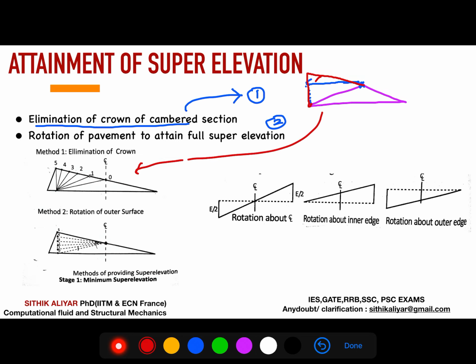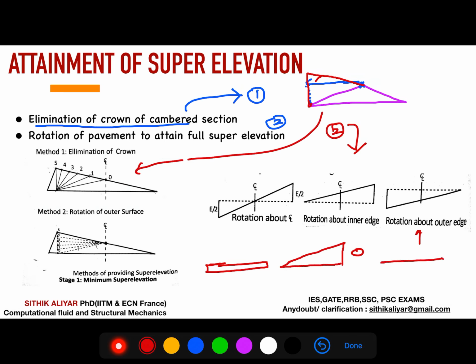Okay, so this is one way of attaining the super elevation, but the very common way is the figure I have shown here. Consider this is a straight road, and I need a super elevation. To have a super elevation with respect to the inner edge, that's very common. I will raise the outer edge. Consider this is the outer edge. I will raise the outer edge with respect to the inner edge. This is very common.